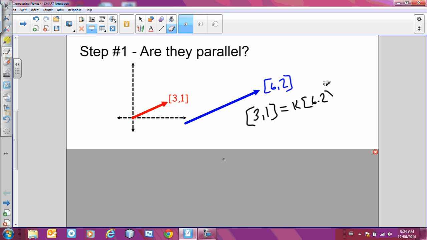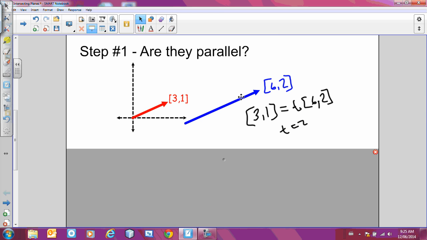So because I know they're parallel, that means there's some value k, or I guess we've tended to use t and s, where 3 times this value will give me 6, and 1 times this value will give me 2. Obviously, in this case, that value is 2.